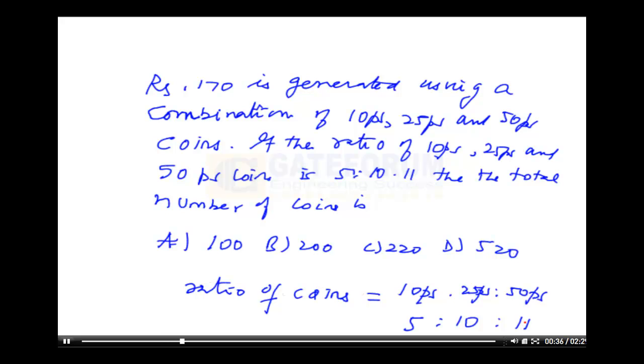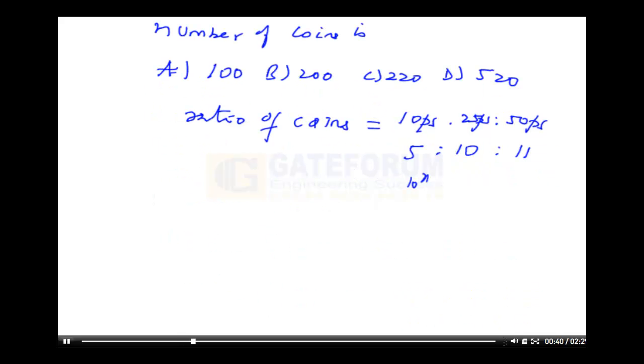We can convert them into rupees. So 5 into 1 by 10 of a rupee, x coins, and 10 into 1 by 4 and 11 into 1 by 2. Now we made them all the same units. So 5 by 2x and 11 by 2x.